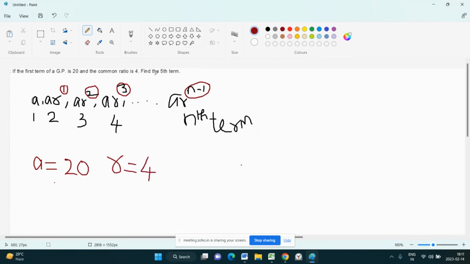They are asking us to find the fifth term. Fifth term is equal to A R to the power 5 minus 1, which is 4. Correct?